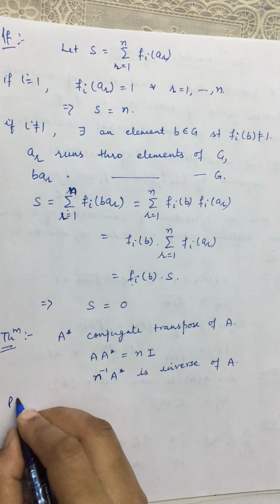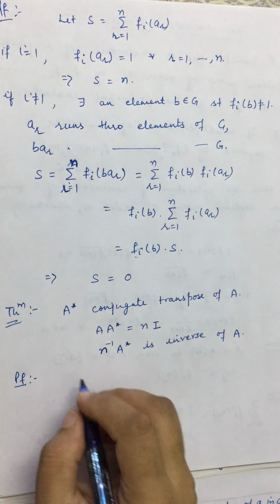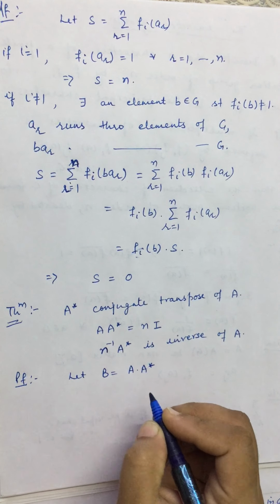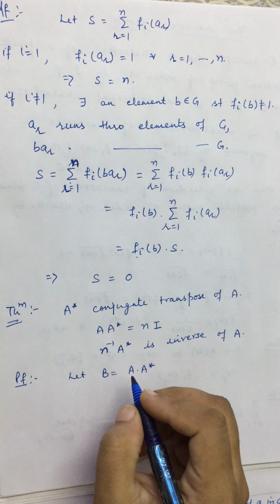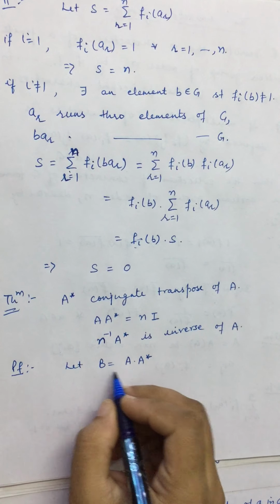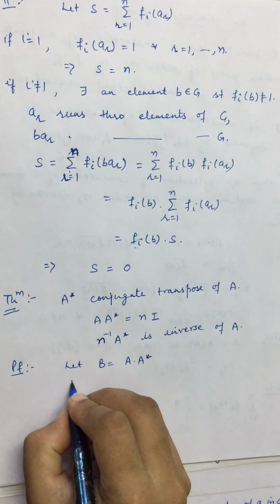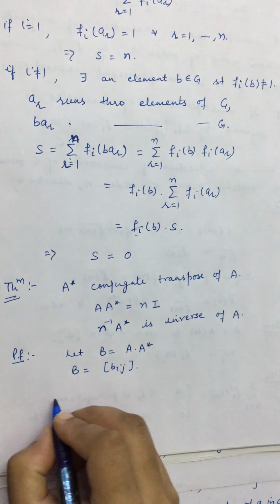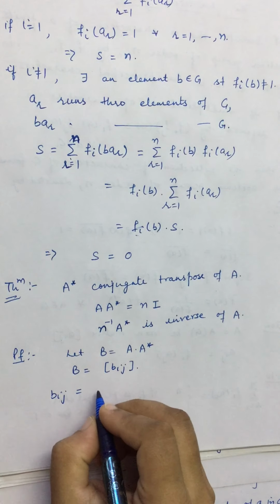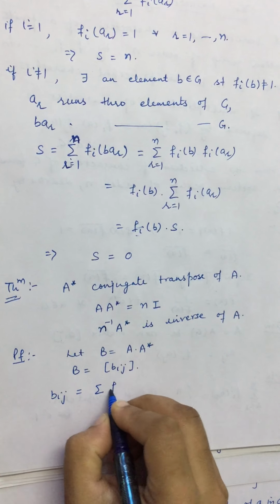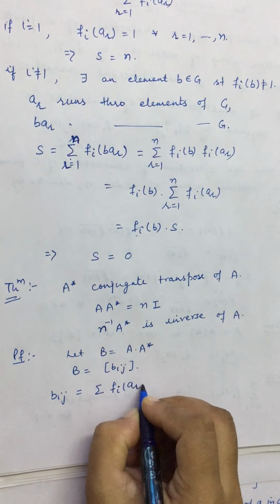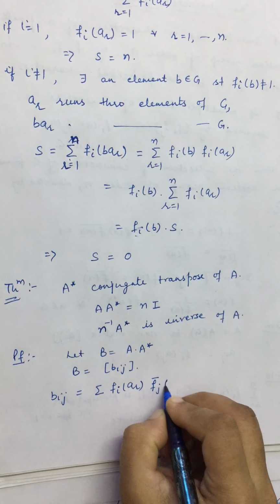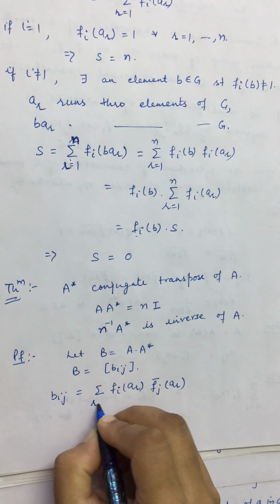So let us prove this. Let B be A into A star. So we have to prove B is n into I. Suppose B is the matrix represented by the elements b_ij, where b_ij is given by the summation of fi(a_r) fj bar(a_r), r varying from 1 to n.